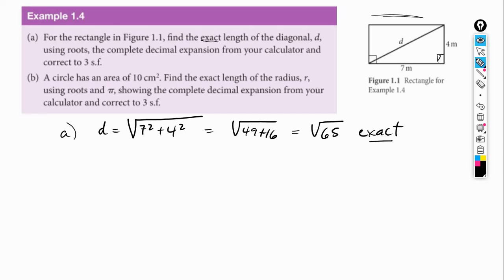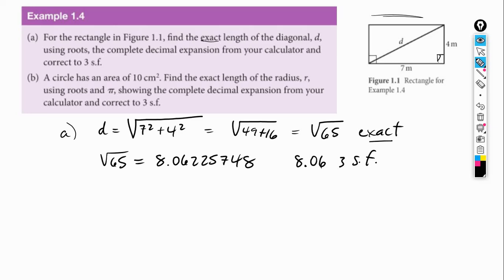So if we do square root of 65 in the calculator, that is going to give us 8.062257448. And then if we want to round this to 3 significant figures, that would just be 8.06. This would be to 3 significant figures.